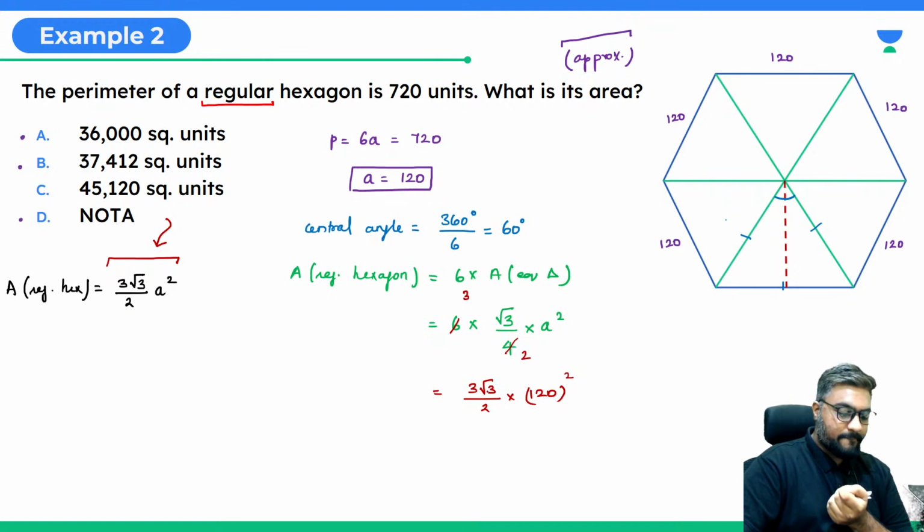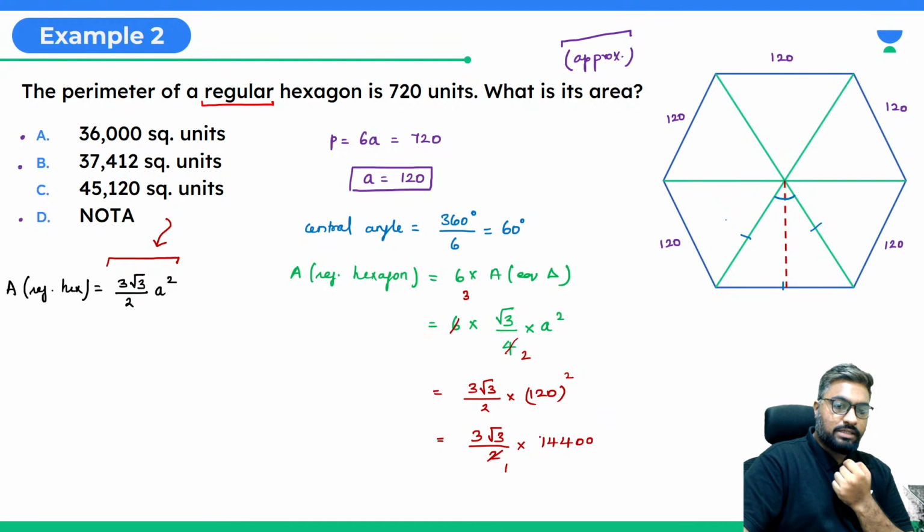Getting this? I hope you guys are getting this. So this is 3√3 by 2 into 12 square is 144, so 14,400.